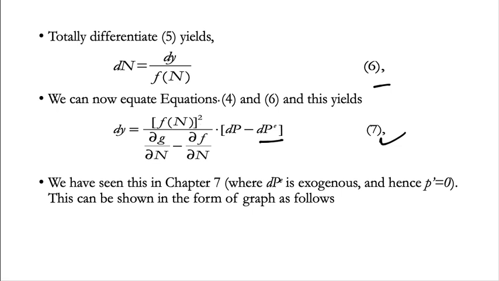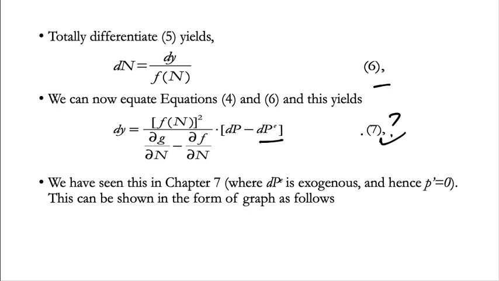So what is expression 7? This is actually aggregate supply in terms of equation with exogenous expected price.